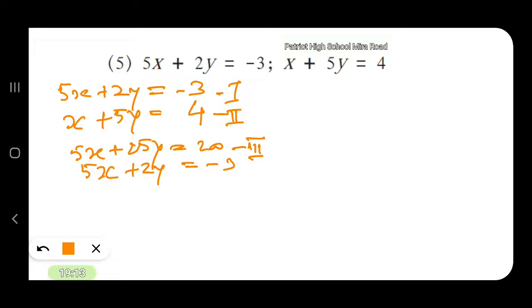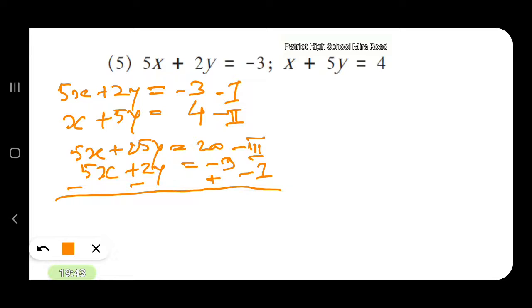Now what we are going to do is subtract equation 1. This is equation number 1 which we have brought down. So we will subtract equation 1 from equation 3. So this plus 5x will become minus 5x, plus 2y will become minus, and this was minus 3, it will become plus 3.